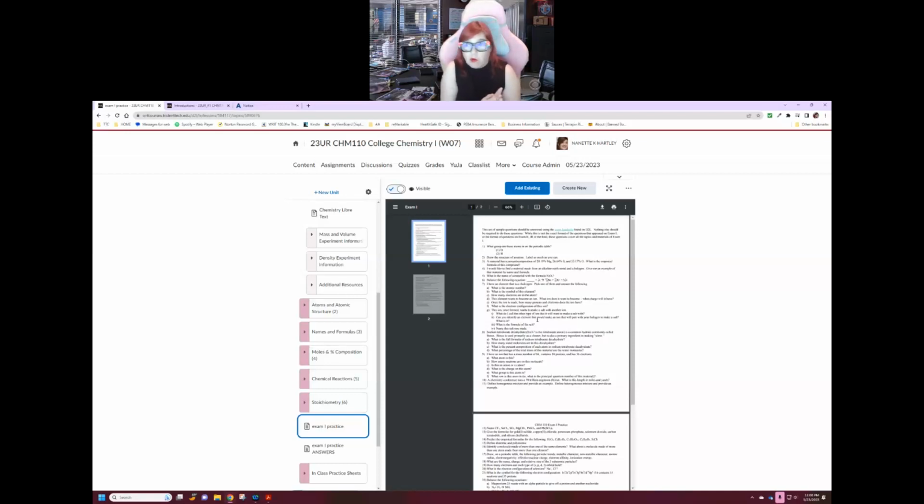I will tell you, point blank, quite often, questions on the test come directly from this document. Most of the time, they're not changed at all. Sometimes I will change some of the numbers just to make sure that you're paying attention to what you're supposed to be doing and not using something that you've already worked on, which is not supposed to happen.